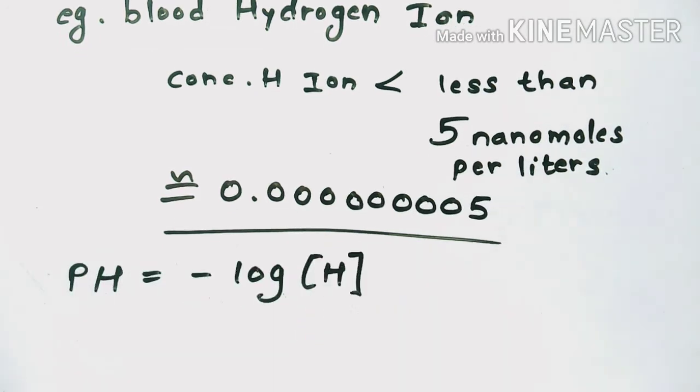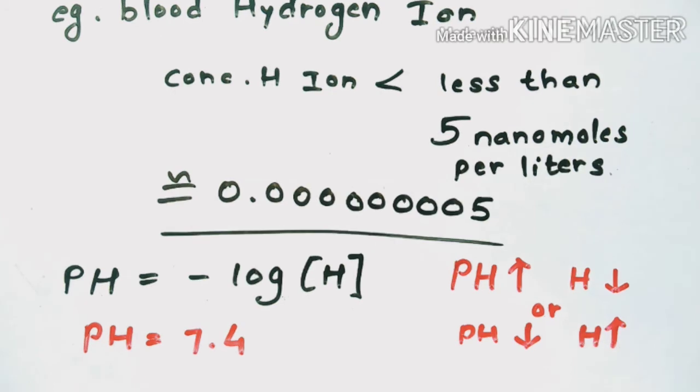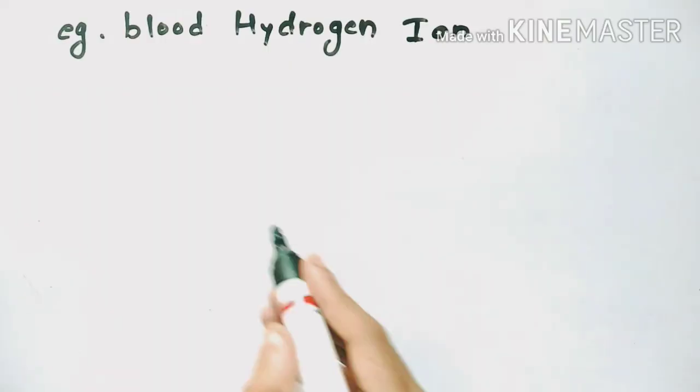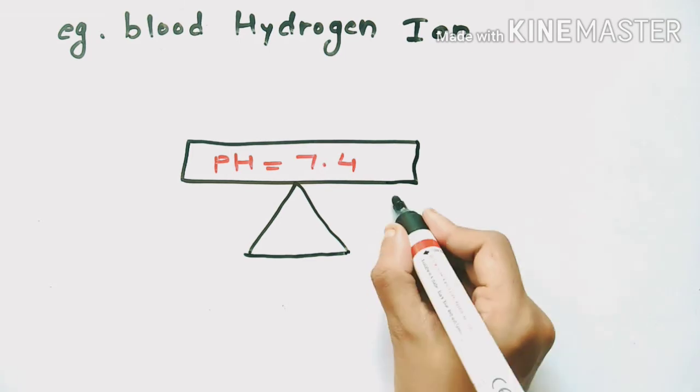But we know pH is the negative log of hydrogen ion concentration. The more hydrogen ion, the lower the pH. Less hydrogen ion, the higher the pH. So the pH of blood is maintained within the range of 7.3 to 7.45. Ideally, pH of blood is maintained close to 7.40.